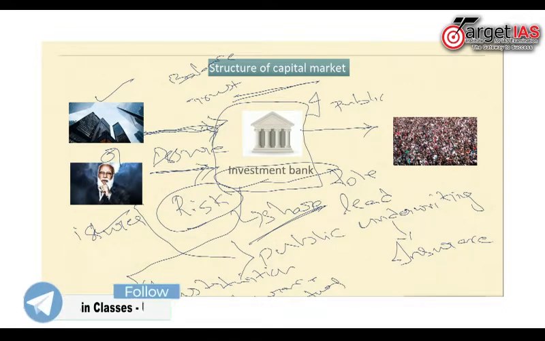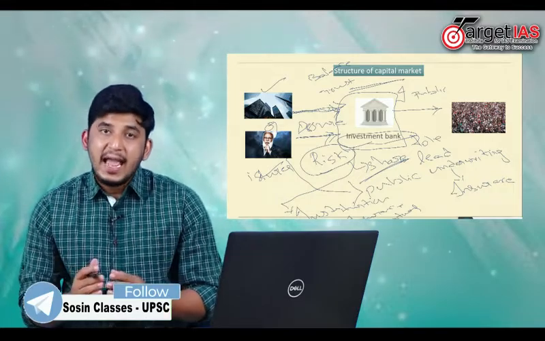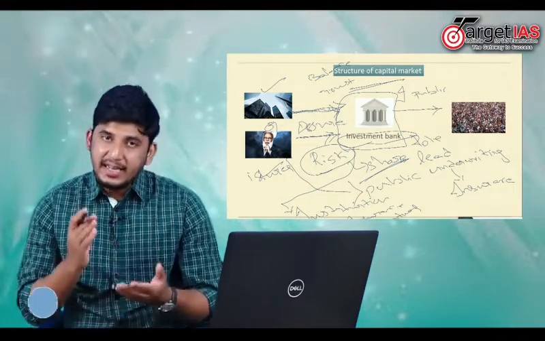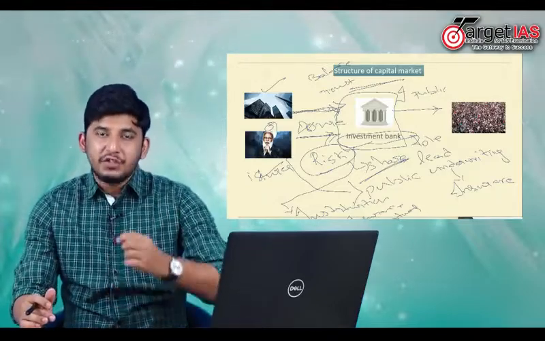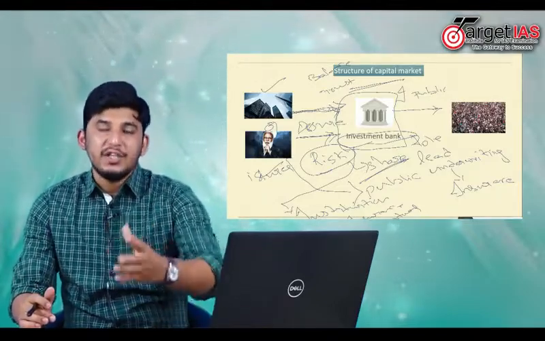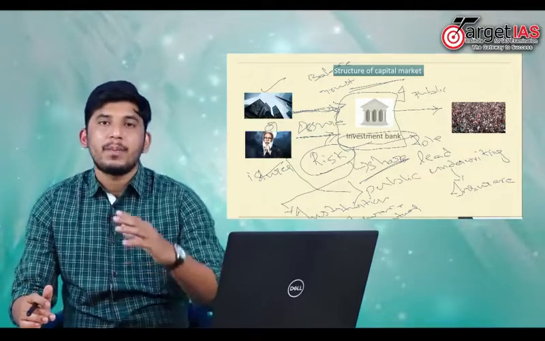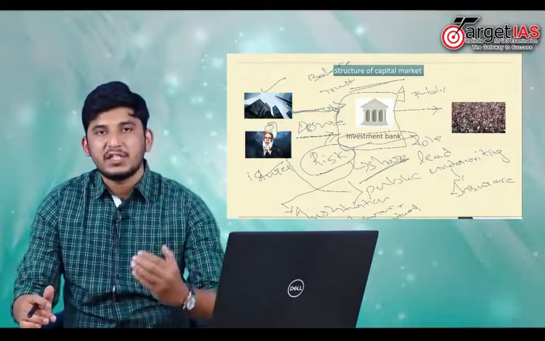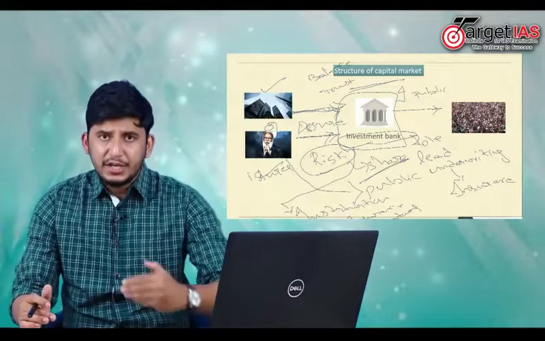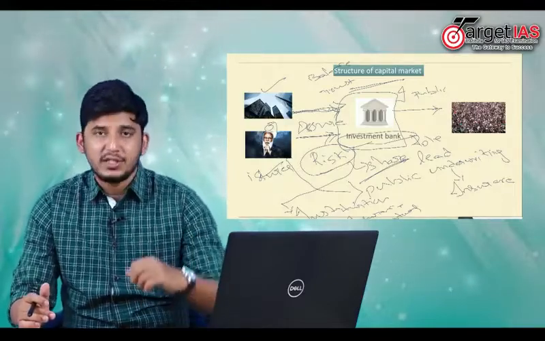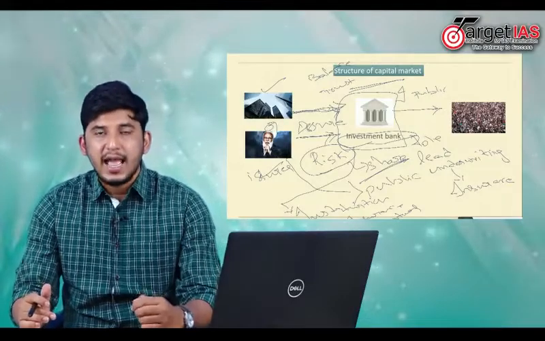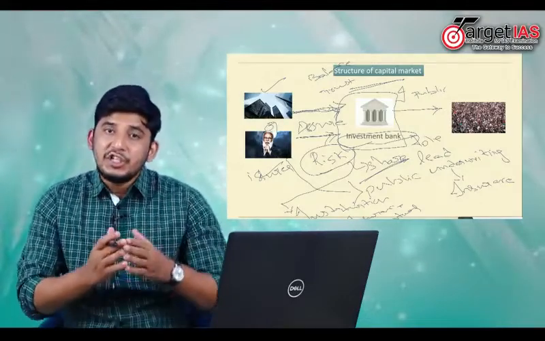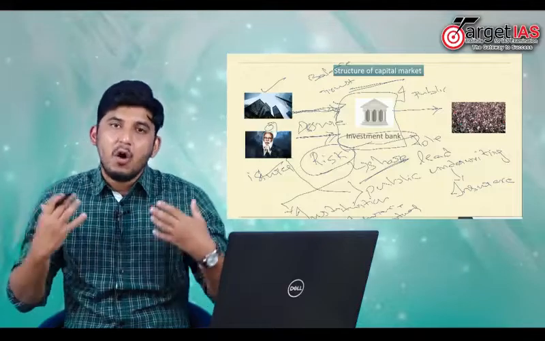So understanding the structure of the capital market is simple. If buying and selling as a trade happens, then it can happen only in the secondary market. If shares are issued primarily to the investment bank, then it is called the primary market. Primary means the first go. So they issue shares to institutions like investment banks and other financial institutions, and these investment banks share the risk from the company or corporate.